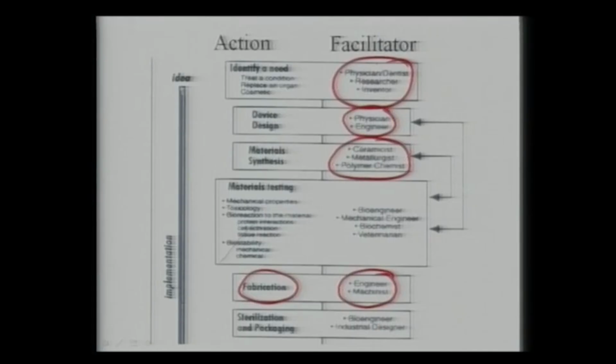And typically different material testings will facilitate the biomaterials researcher, that include mechanical properties, toxicology like genotoxicity, cytotoxicity and so on, and biostability, like in the in vivo environment, how stable this material is in the biological environment, that also needs to be investigated.